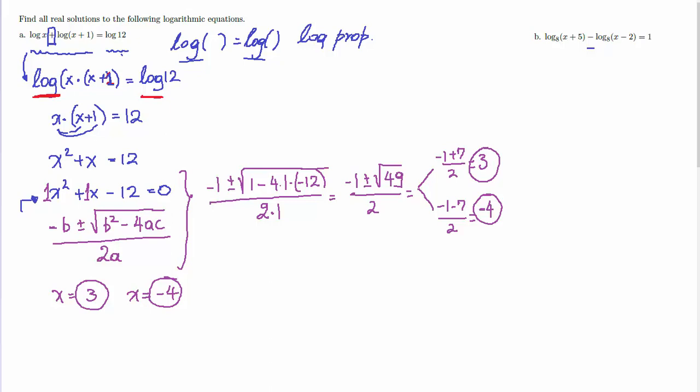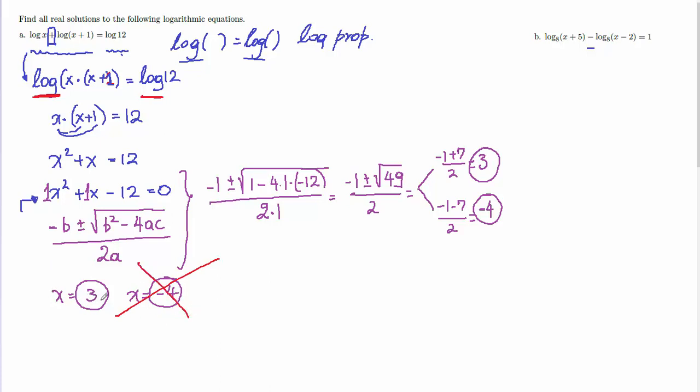If I take the number negative 4 and plug it into the log of x, then I will have the log of negative 4. But there are no logs of negative numbers. So this is not a possible solution.